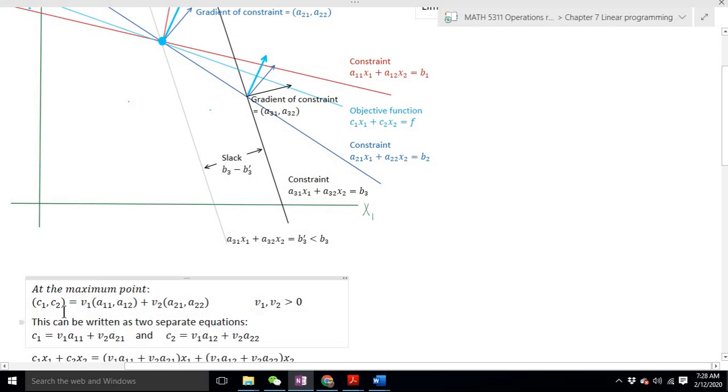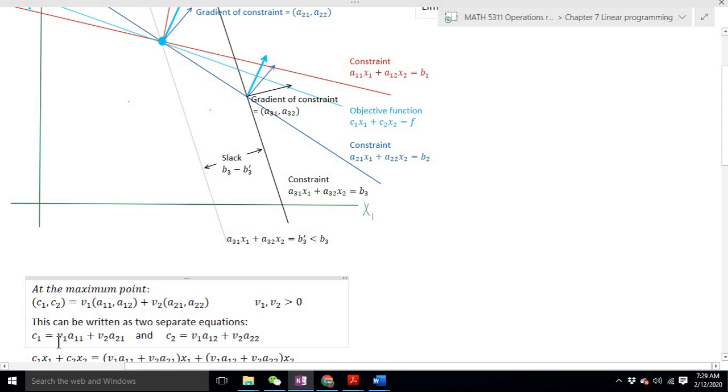At the maximum point, as I said, C1, C2, which is the gradient vector, or the vector perpendicular to the objective function, is equal to a positive linear combination v1 times (a11, a12) plus v2 times (a21, a22), all right, where these are positive. That's important.